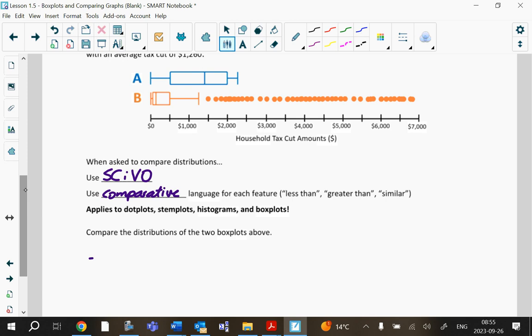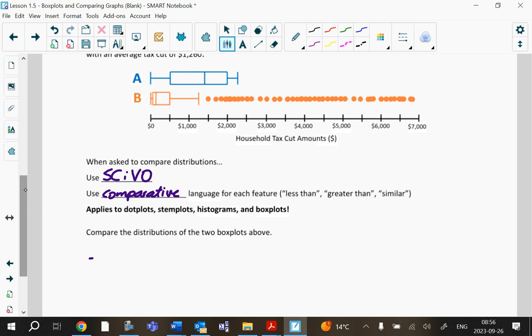How would you describe the shape of A? Remember, you've got three choices: skewed to the left, roughly symmetrical, skewed to the right. I would say probably roughly symmetrical. If you said there was a slight skew to the left, I'd give you that too. Either one of those would be correct.